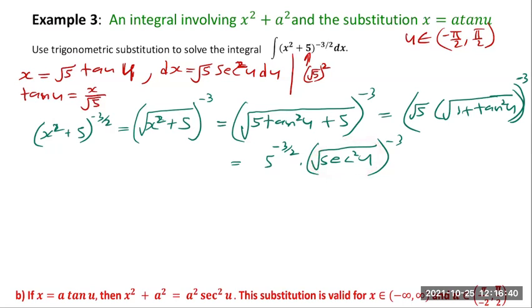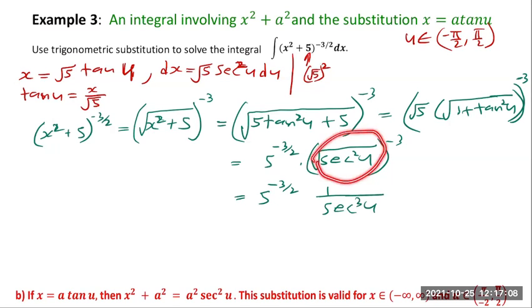That's because I know that in the case of tan substitution, u is between minus pi over 2 and pi over 2. That means your secant u has to be positive. So that means the square root of secant squared u is just secant u. It is equal to 5 to the power minus 3 over 2 times 1 over secant cube u.